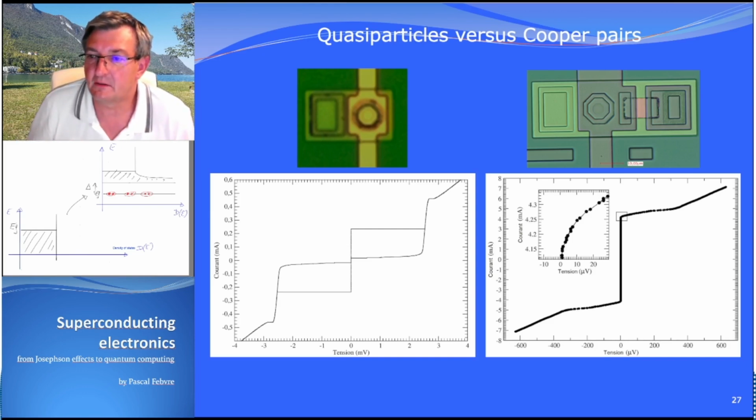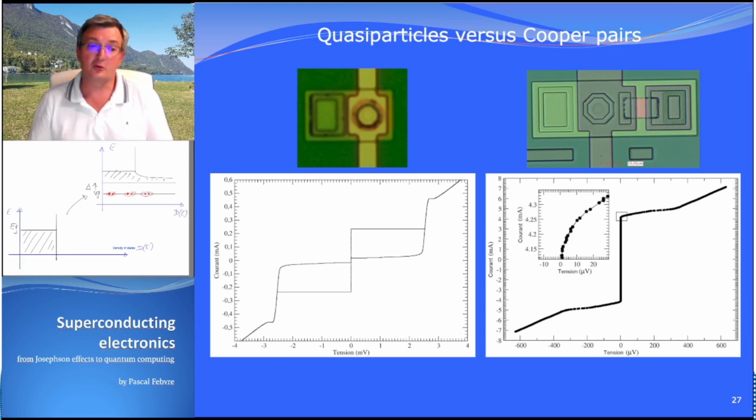But if you have no resistance, you see that you have the Josephson current here, always when there is no voltage. And when you reach this maximum value, what we call the critical current, then you jump here, meaning that the current goes through quasi-particles and not Cooper pairs, mostly quasi-particles.